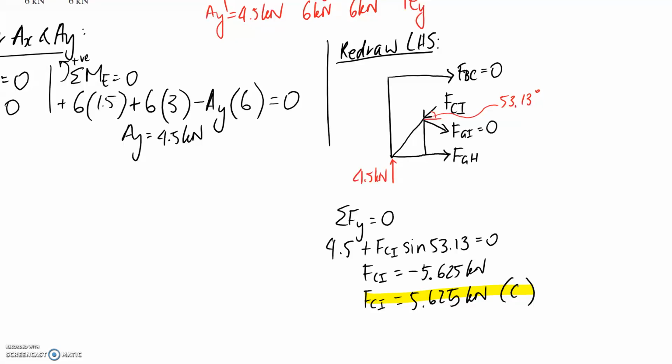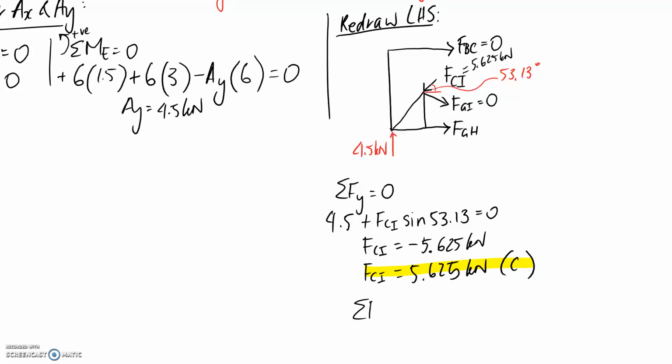Alright, so now we just need to get the other one out. And of course we can do that by summing in the x direction. It's probably the easiest way. So in the x direction, we're going to have this going backwards. So negative 5.625 is going to be the cos component.